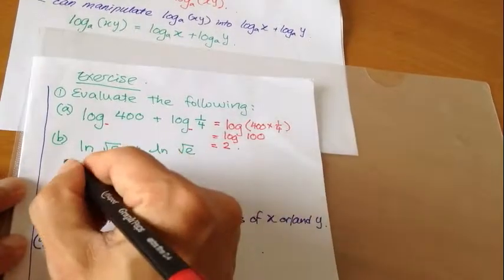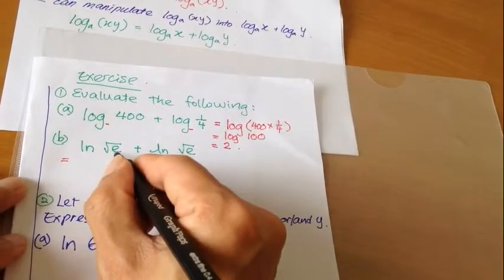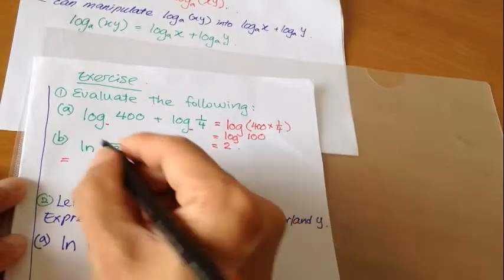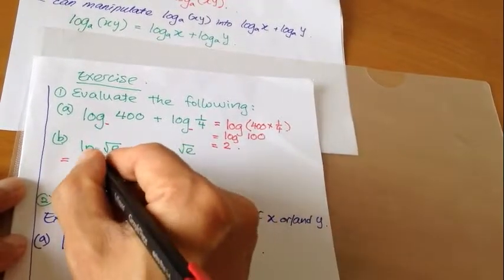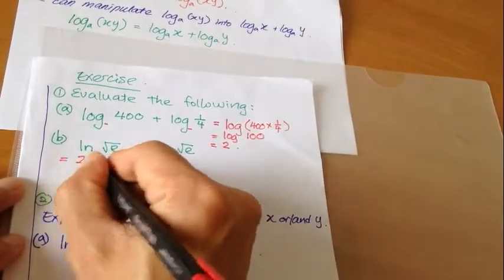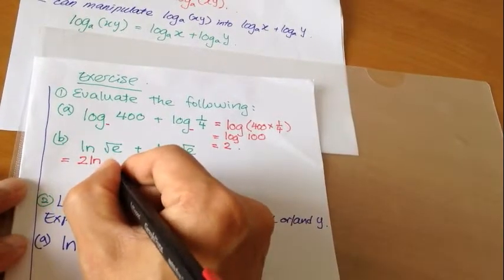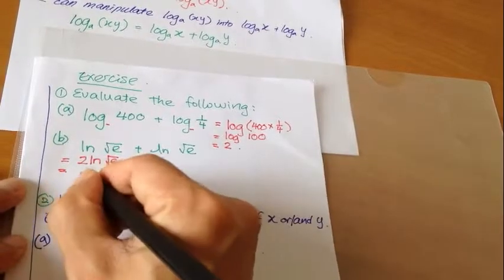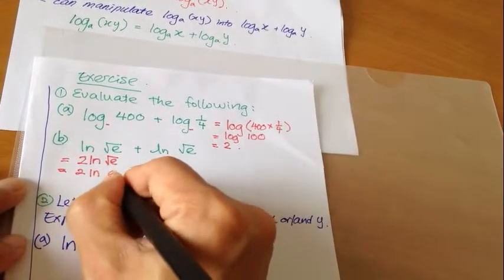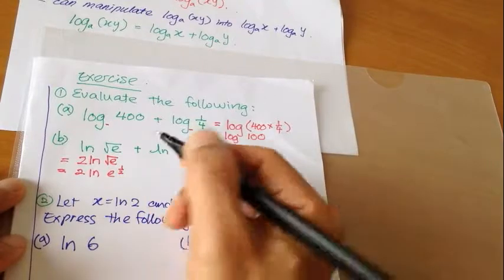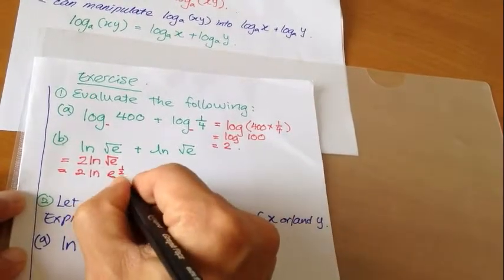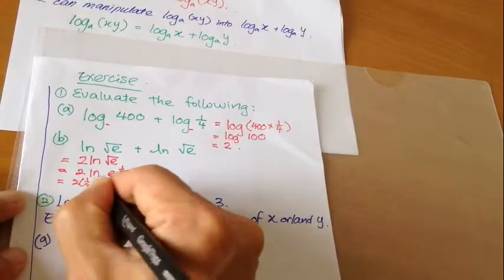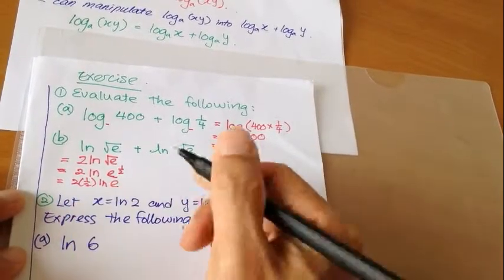Now the next question is this. Natural log of square root of e plus natural log of square root of e. Because these are the same thing, that is just twice natural log of square root of e. And square root of e can be written as e to the power of half. Therefore, that is just going to be 2 times half natural log of e.